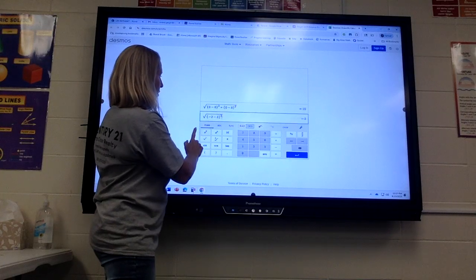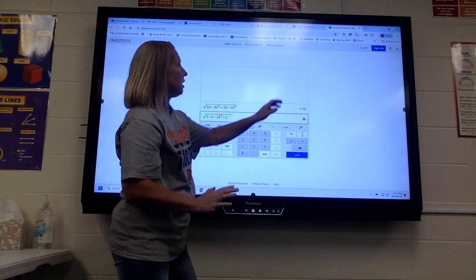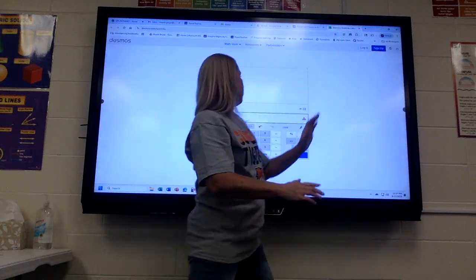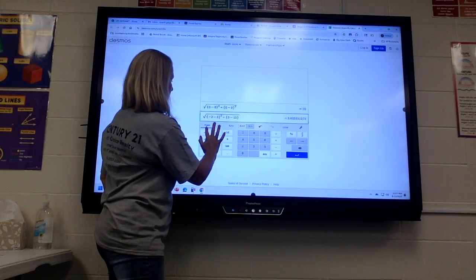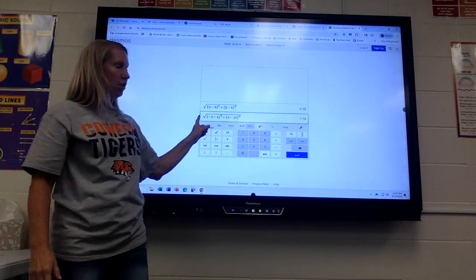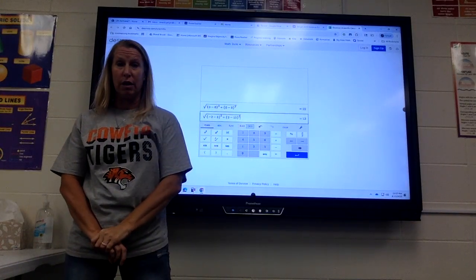Close parentheses and square it, plus parentheses, 3 minus 15, close parentheses, and square it. Oh yeah, it did work. So you just hit the minus sign for the negative. So that works. Okay, your answer is 13 on that one.